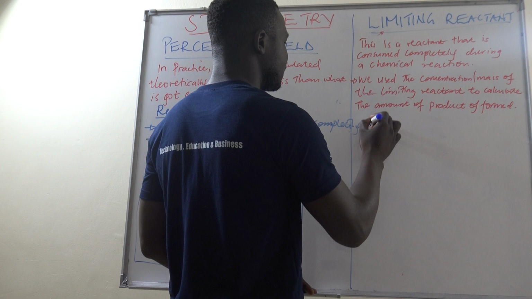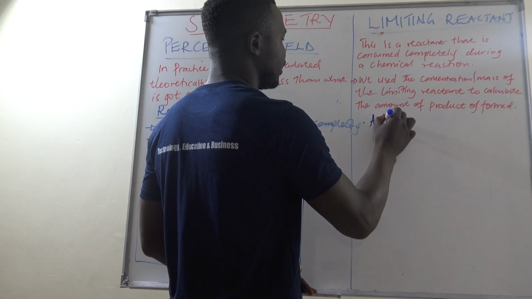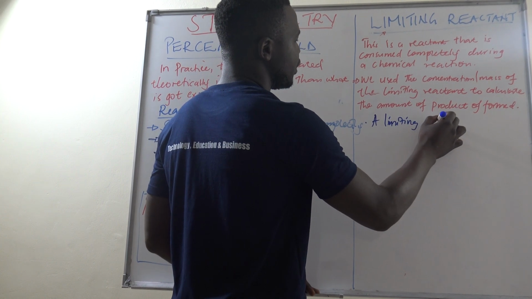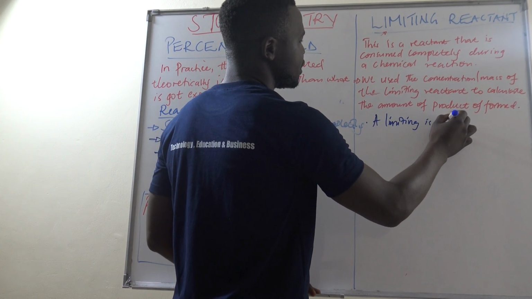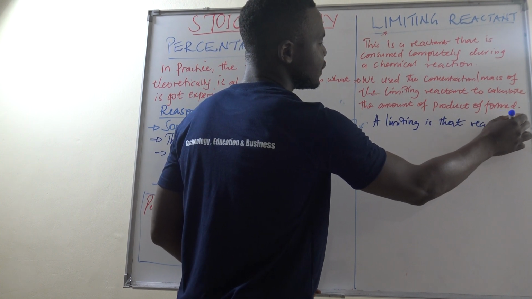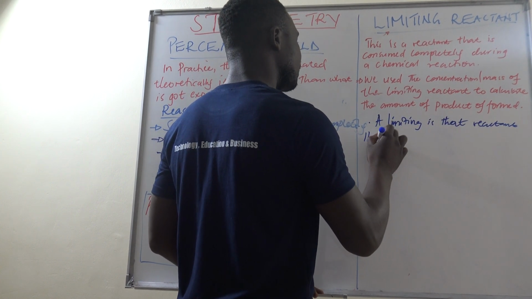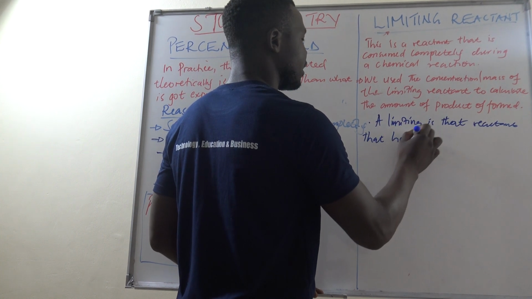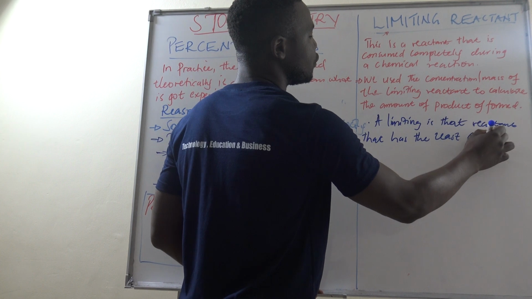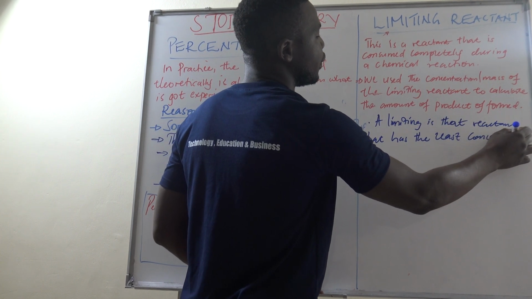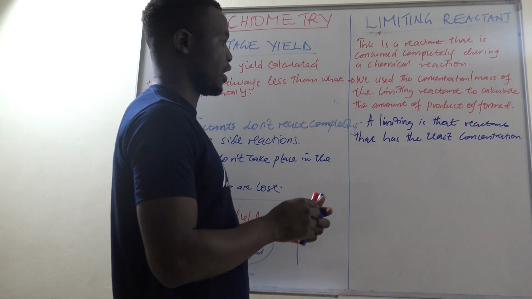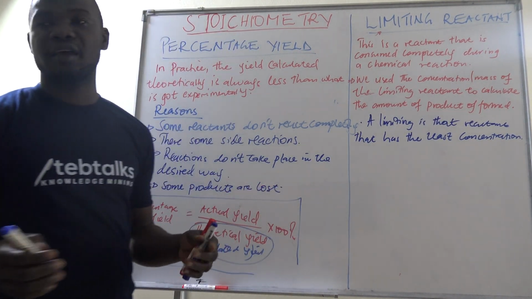A limiting reactant is that reactant that has the least number of moles. That's what we use to calculate the products.